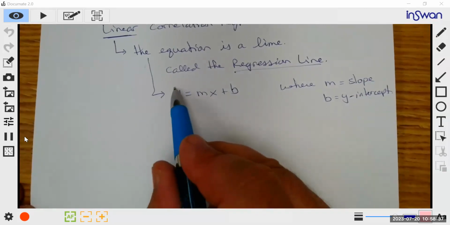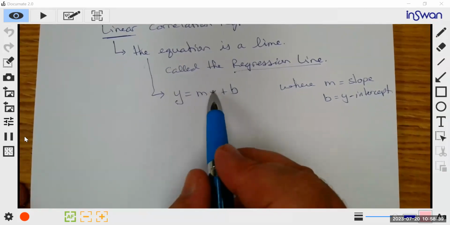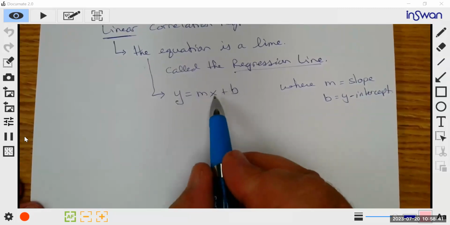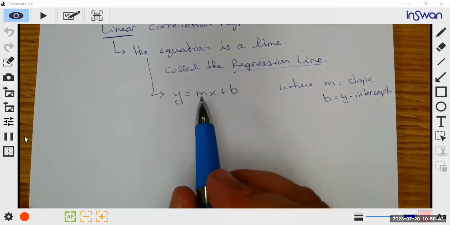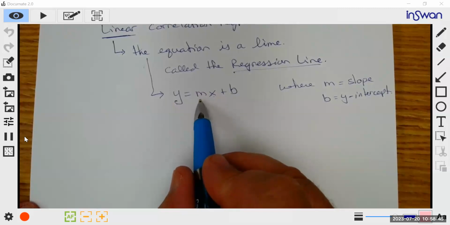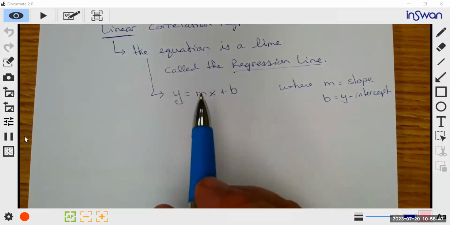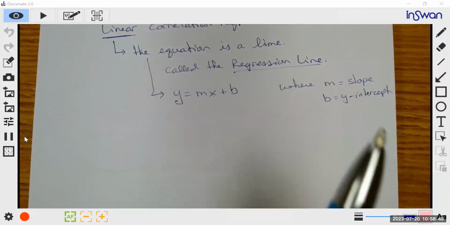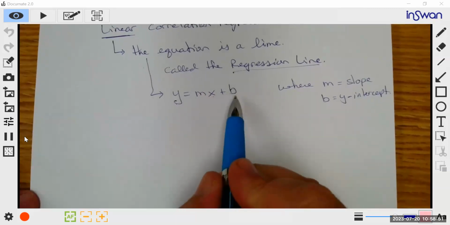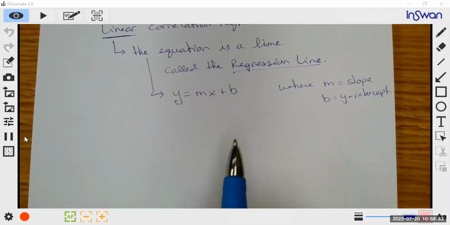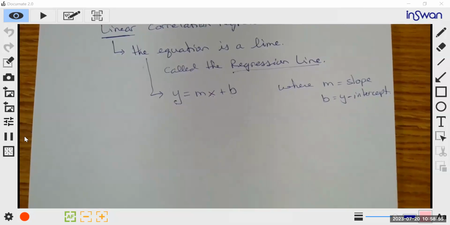The x and y are the variables, like the shoe and the height. M is going to be how they're related to each other, in essence, we're talking about the R there. And b is where it crosses the y-axis, or our first data set.